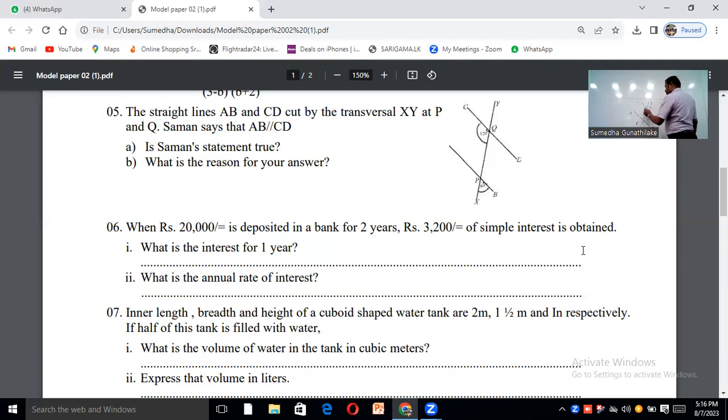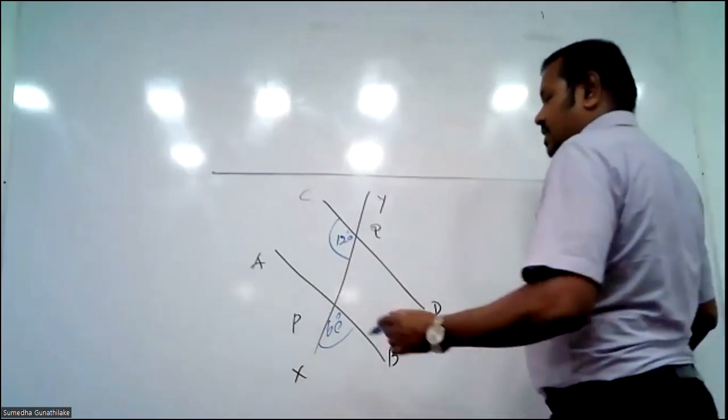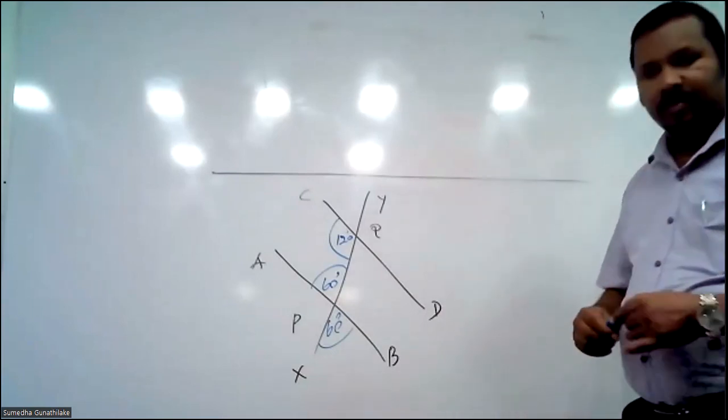This is 120, no? And this is 60. You can say this is 60. Why is that?